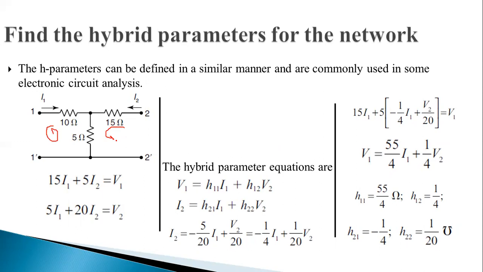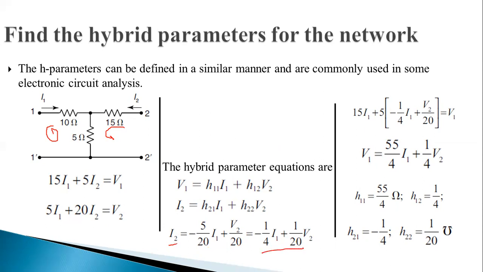So we will get the H parameters with respect to I2 equal to, because whenever we need to find the parameters, the port gets short circuited, I2 equal to minus 5 by 20 I1 plus V2 upon 20, equal to 1 by 4 I1 plus 1 by 20 V2.